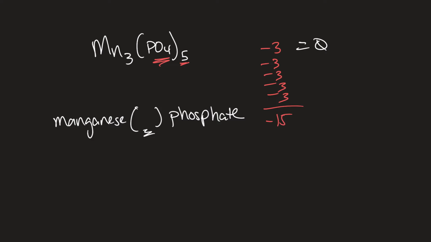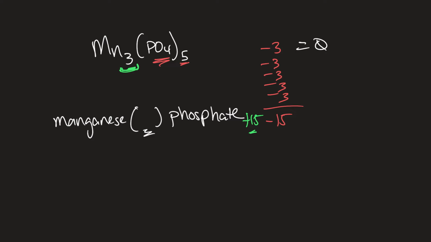Well, if that's the case, then when we're looking at manganese, what minus 15 equals 0? Well, it is plus 15. And if you notice, there are 3 of them. So these manganese all together have a plus 15 charge.